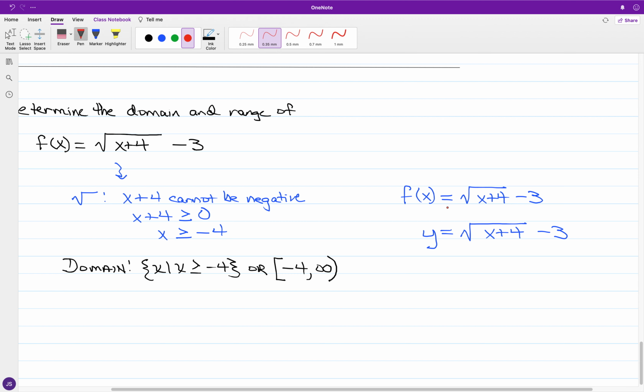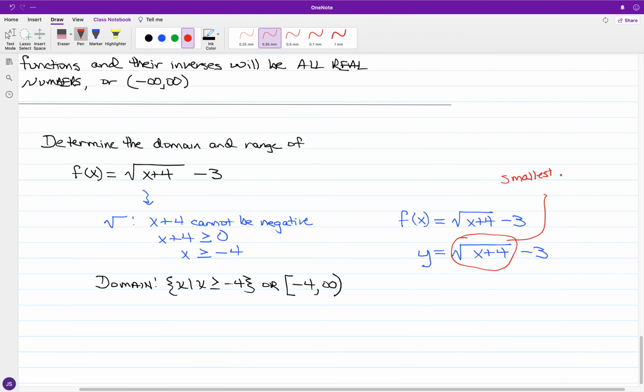Okay, and let me mention here now for the square root of x plus 4. Remember, the square root of a value cannot be negative, and it can be 0. Okay, and so the smallest possible value of the square root of x plus 4 is going to be 0.